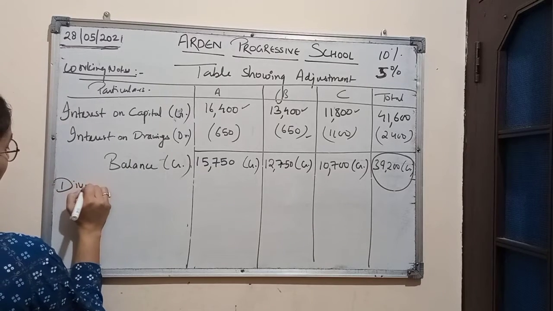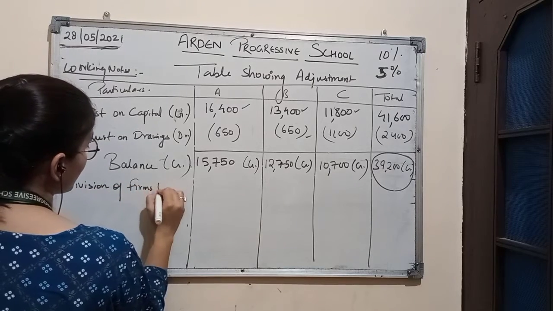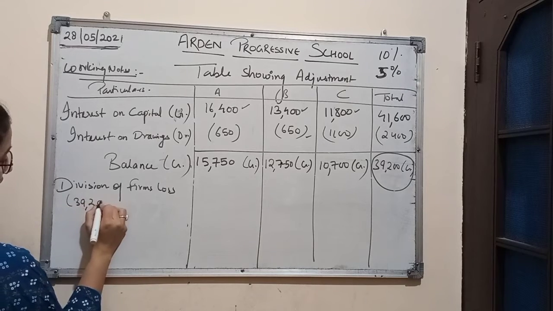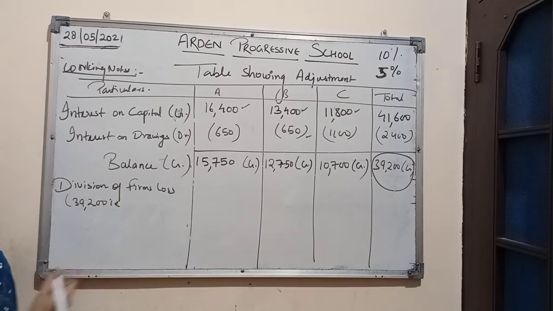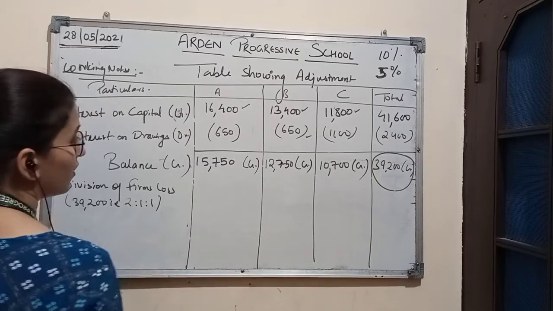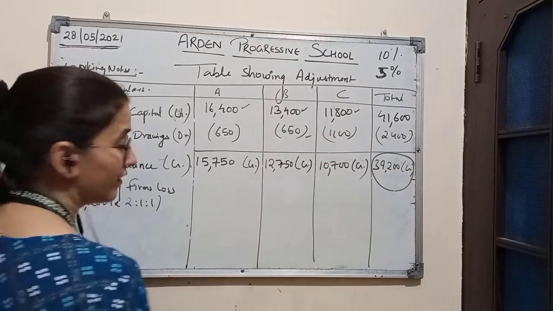So here we will write division of firm's loss. Amount is 39,200 and it will be divided in the ratio 2:1:1.